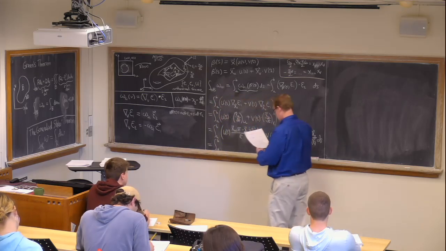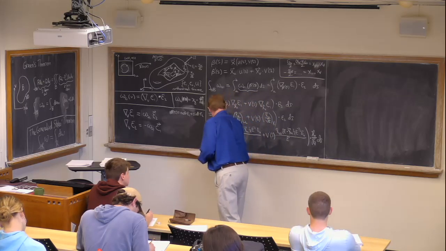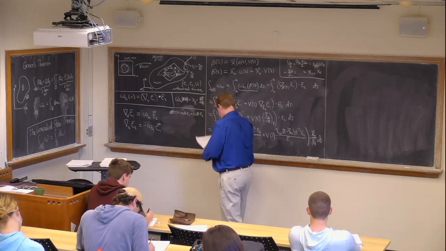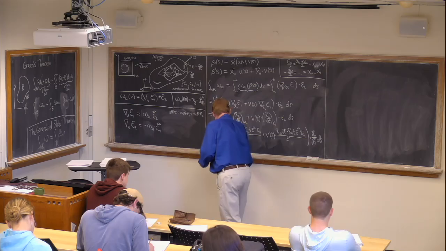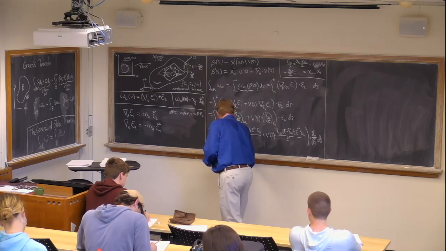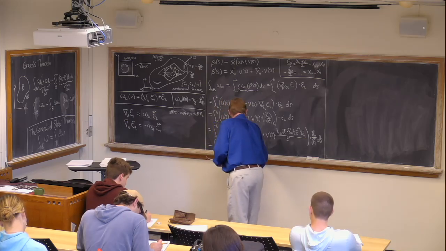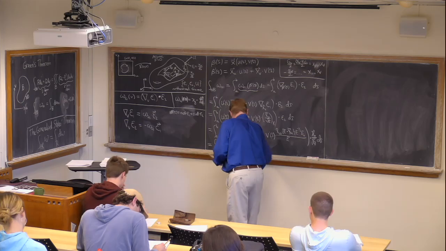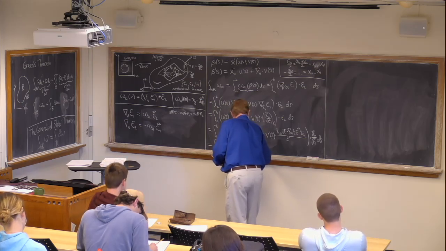Let me simplify this of negative Ev divided by 2 square root of EG plus Gu divided by 2 square root of EG.